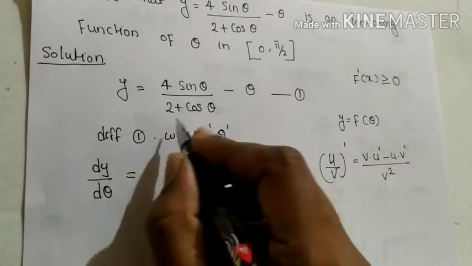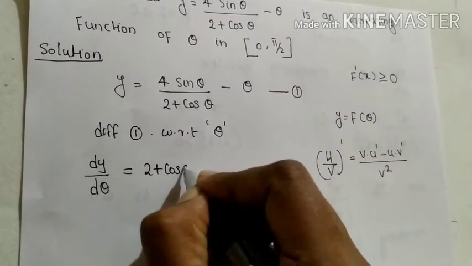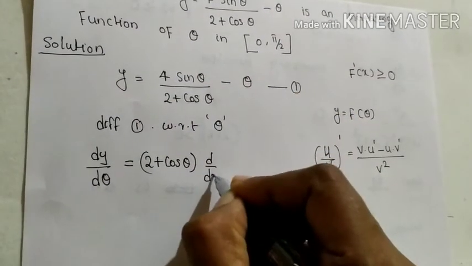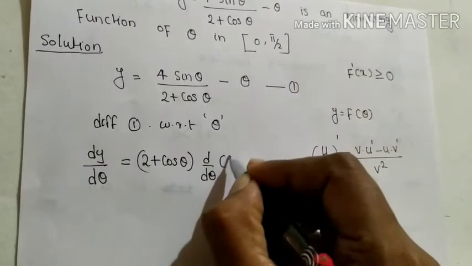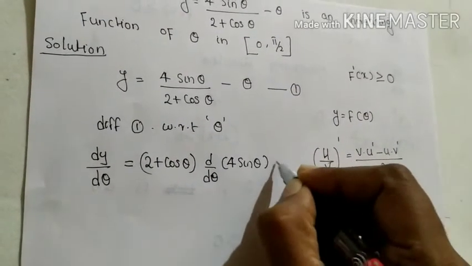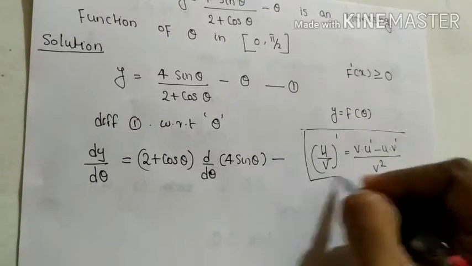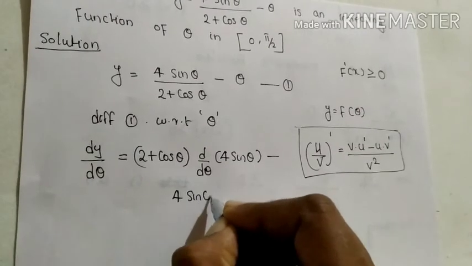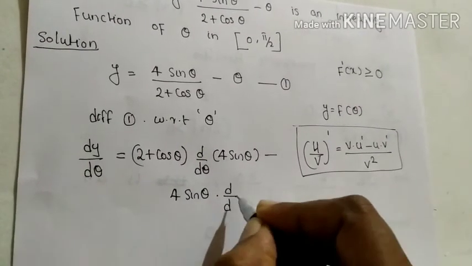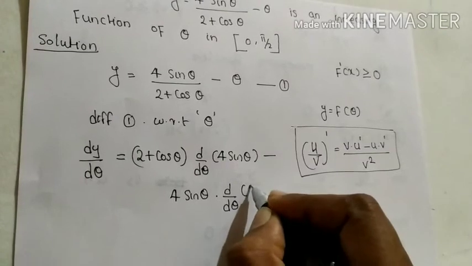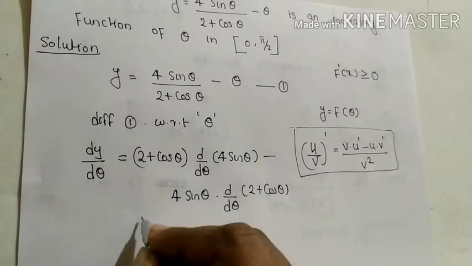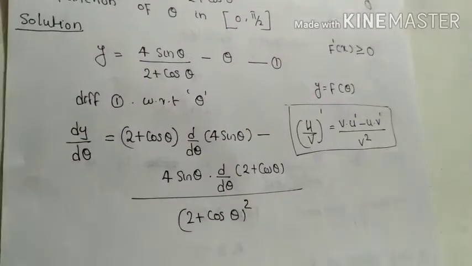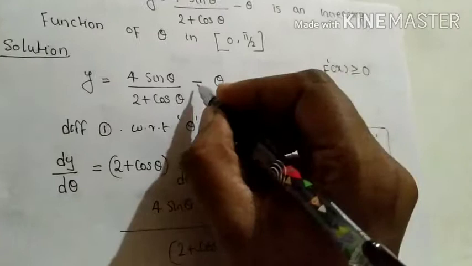We get (2 plus cos theta), the denominator, into the derivative of the numerator, minus the numerator into the derivative of the denominator, whole divided by the denominator whole square, minus theta.